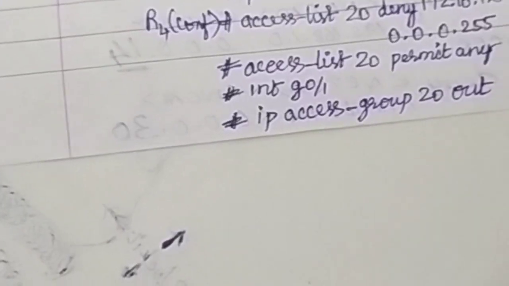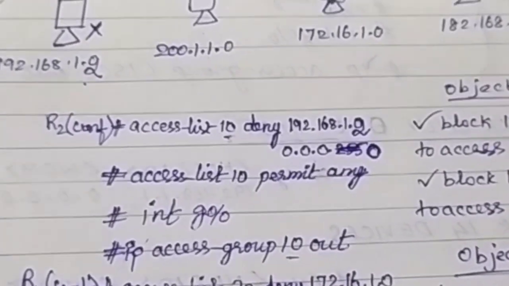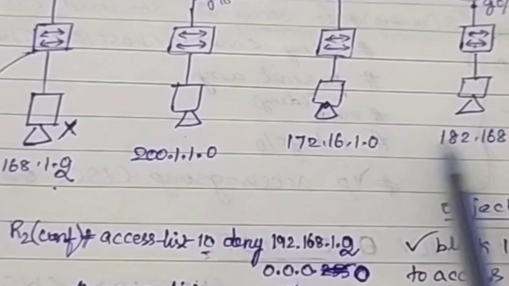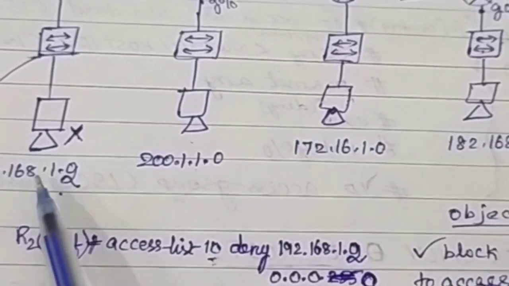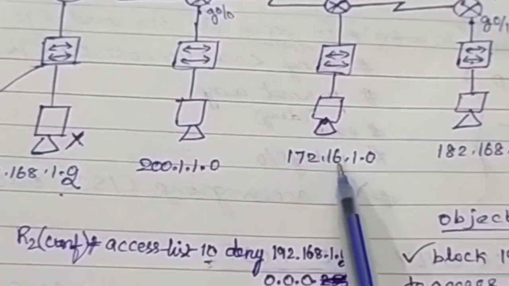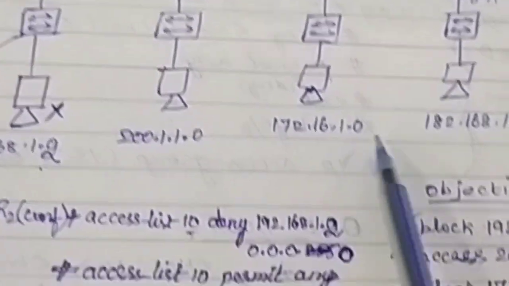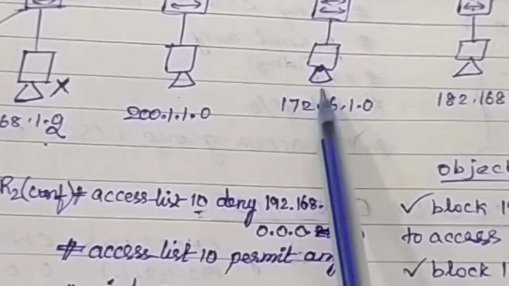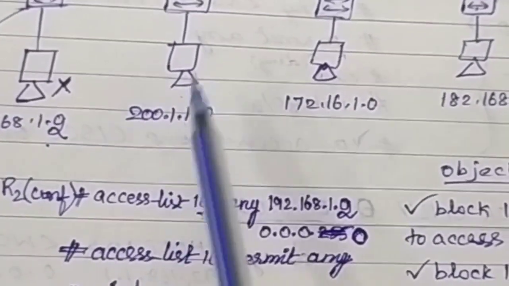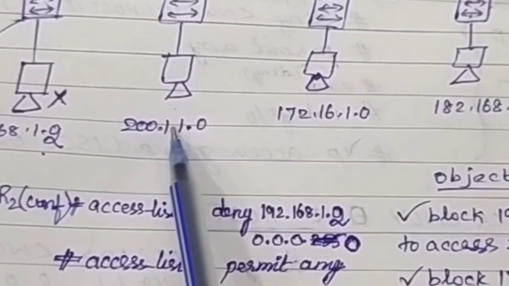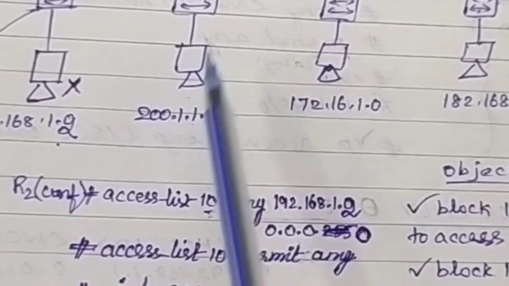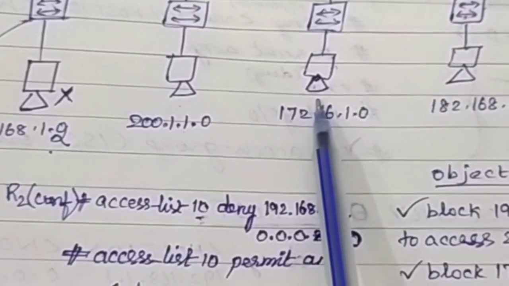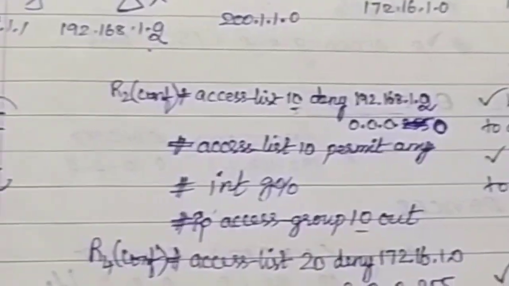Apart from this destination, how many networks are there? 1, 2, 3 networks. Of these 3 networks, we need to block these 2 and permit only this one. So permission is given to only this network and these 2 we are going to deny. So how can we do it? We'll see.